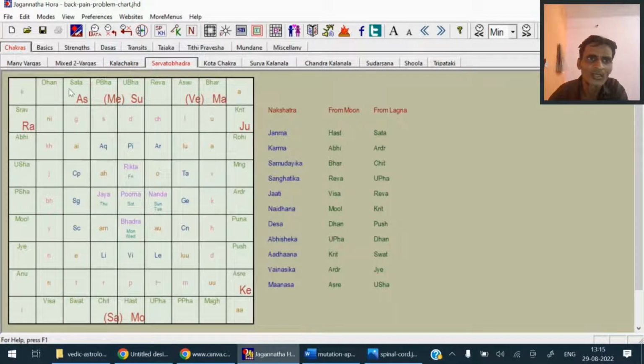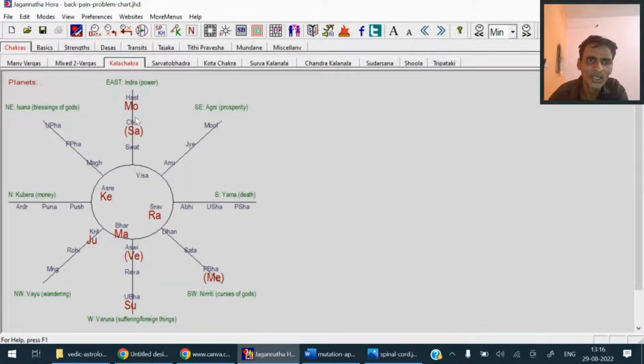What this Kala Chakra chart is telling with respect to Moon is that if Moon is in Hasta, then Saturn and the ascendant both will suffer from Yogini and Mrityu.